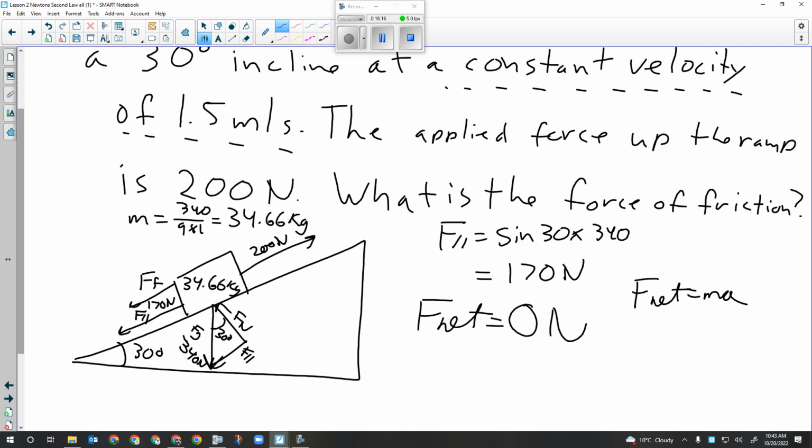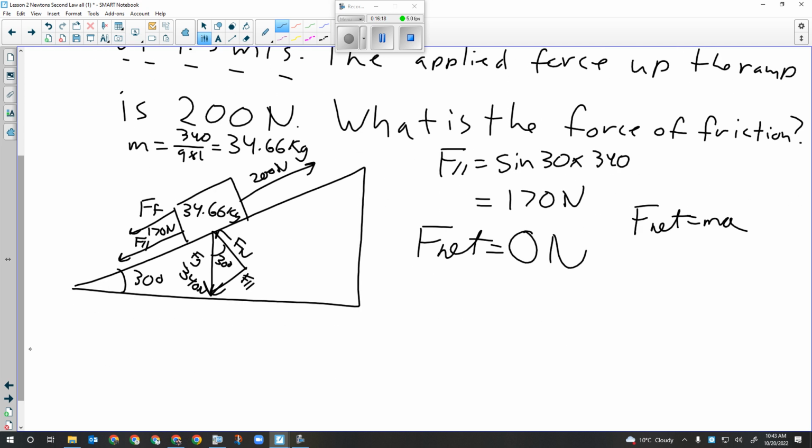So my net force is 0 newtons, and now I can calculate the force of friction because I know all of the other forces. F net is F parallel plus the force of friction plus the applied force. Those are the three forces that are contributing to my net force.